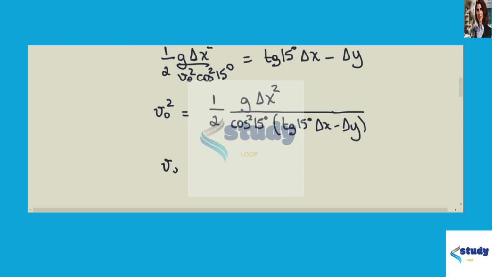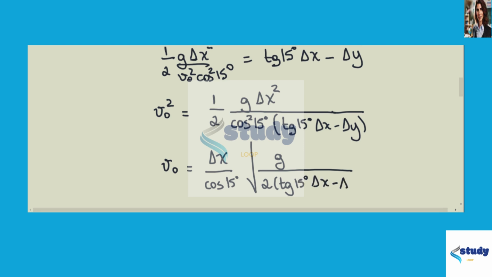So v0 is delta x divided by cosine of 15 times the square root of g over 2 times the tangent of 15 delta x minus delta y.